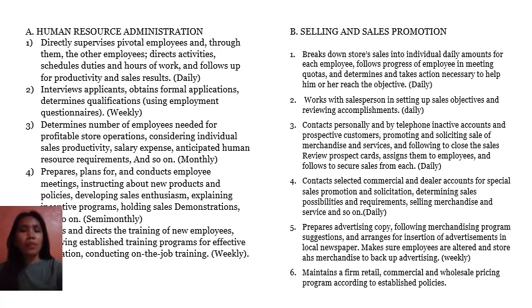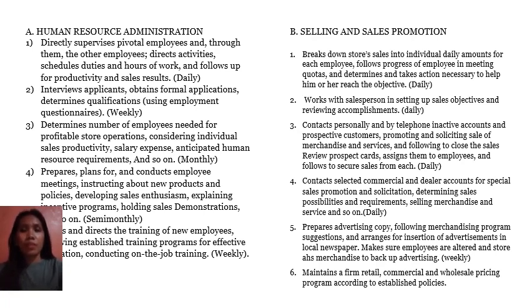Prepare plans for and conduct employee meetings, instructing about new products and policies, developing sales enthusiasm, explaining incentive programs, holding sales demonstrations, and so on. Number 5. Train and direct the training of new employees following established training programs for effective utilization, conducting on-the-job training.